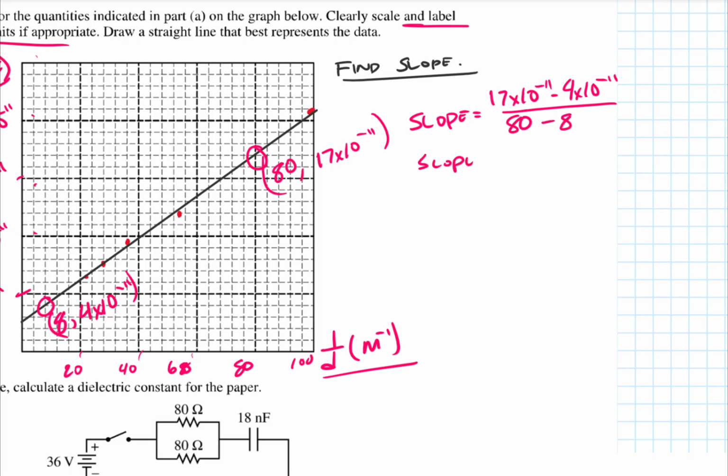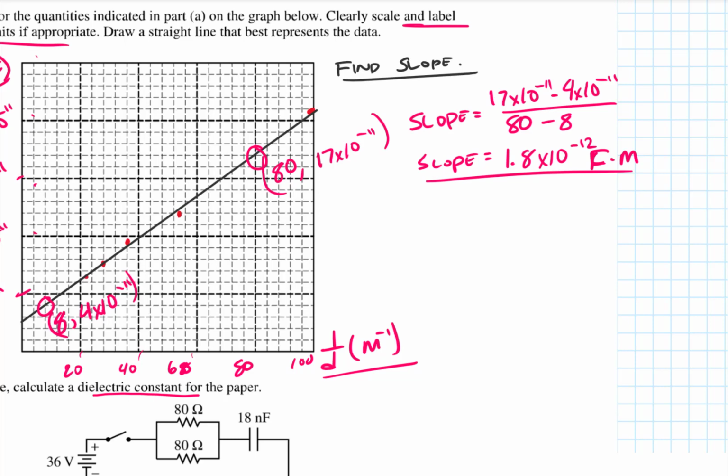So that slope comes out to be 1.8 times 10 to the negative 12th, and the units on that slope are going to be farads times meters. That's my slope. That's not the actual answer that I'm going for. I need to use that slope to find the dielectric constant for the paper.